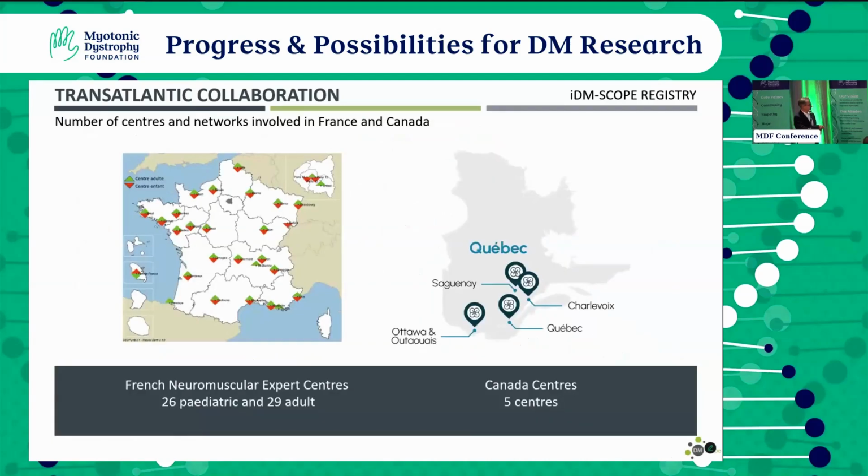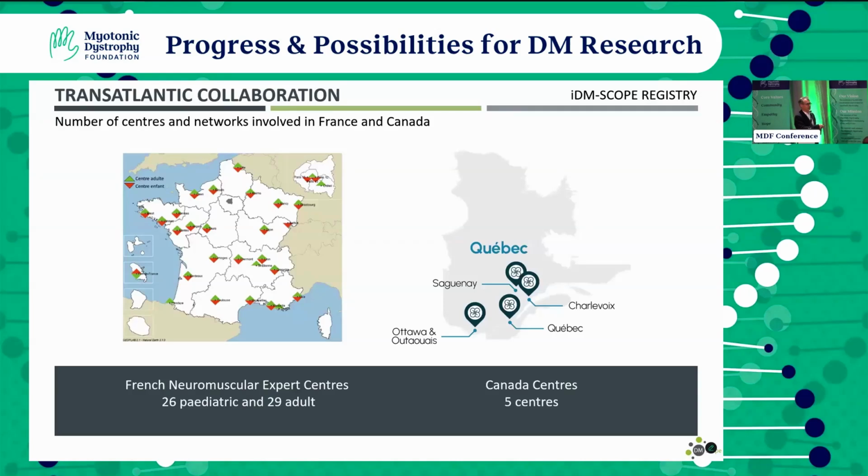And sometimes, due to the high prevalence in Quebec, I'm a little bit jealous, saying, oh, we need more than 25 centers in France, while they have just 5. So it's unequal. That could be, but it's good for their management. And this is 5 centers, 26. So this is life.